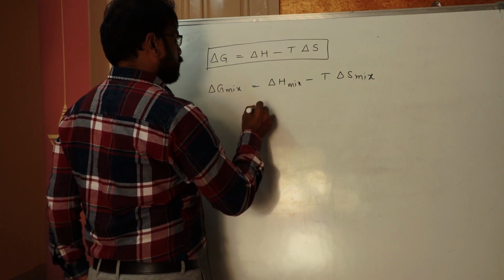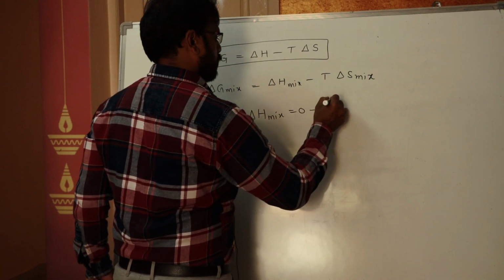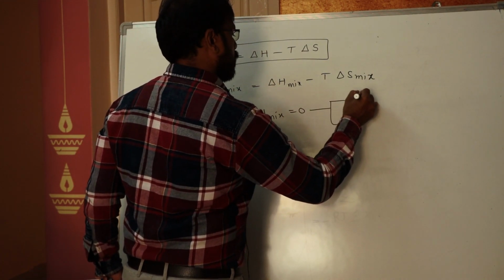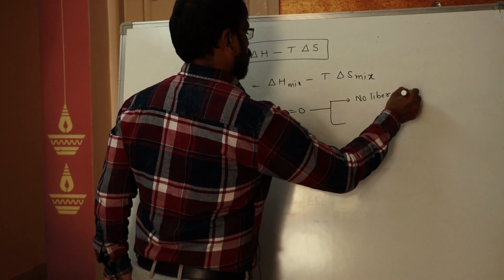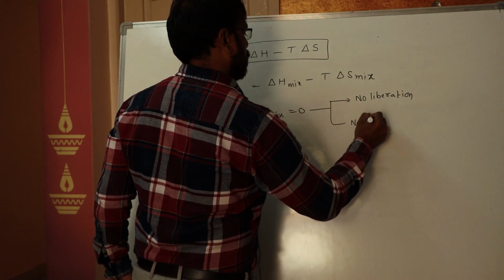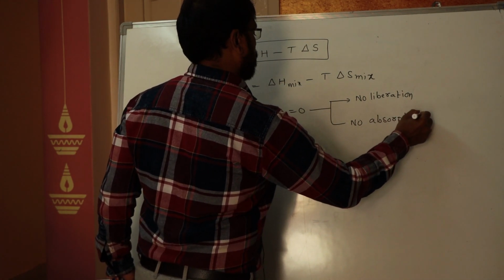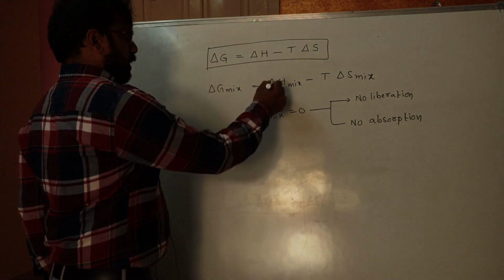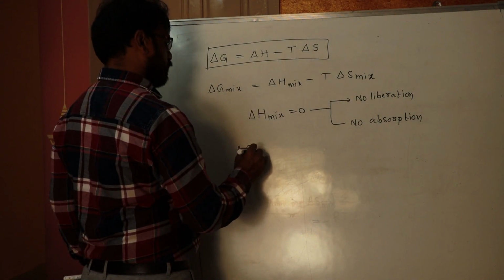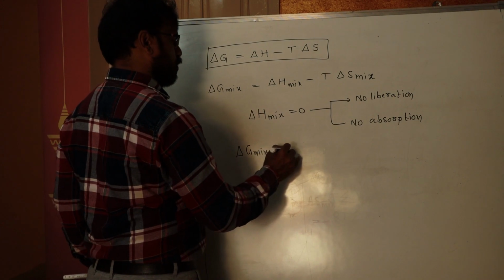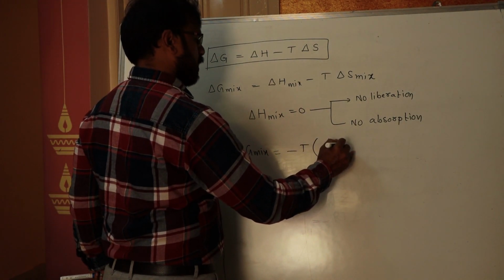In the case of an ideal solution, delta H mix is equal to 0 because there is no liberation of energy and no absorption of energy. So therefore we can say delta H mix is equal to 0. Then finally we can write delta G mix is equal to minus T delta S mix.